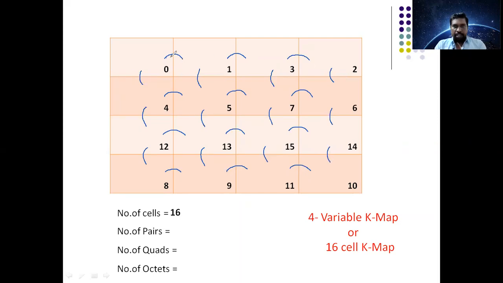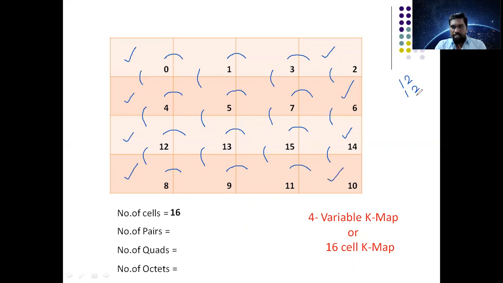So for each and every row we are having 3. So 3 into 4, 12. 12 horizontal, 12 vertical pairs we will get. Now by folding property, 0 and 2 is one pair, 4, 6 is one pair, 12, 14 is one pair, 8, 10 is one pair.